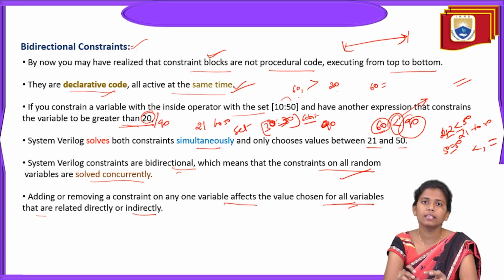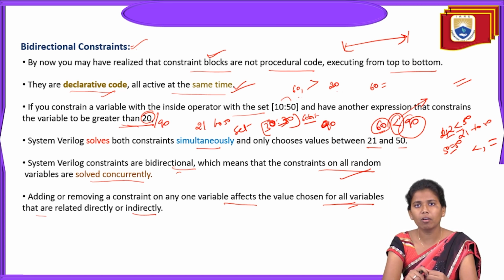So if you are adding or removing any values in the constraint block, then obviously it gives a negative impact on the constraint block. We have to be very careful that we pick the random variables only from the given bunch of variables.